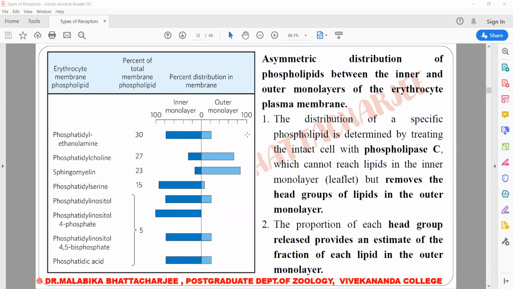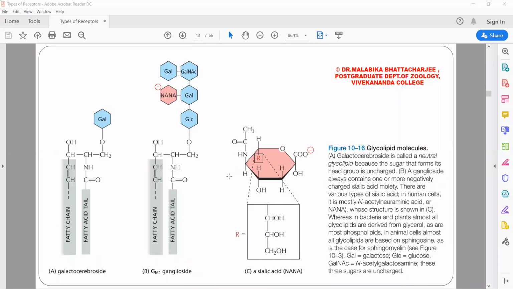In apoptosis, phosphatidylserine exposure is a hallmark. Similarly, when there is blood clot formation and the platelet is functional, that is also indicated by the movement of phosphatidylserine from the inner leaflet to the outer leaflet.